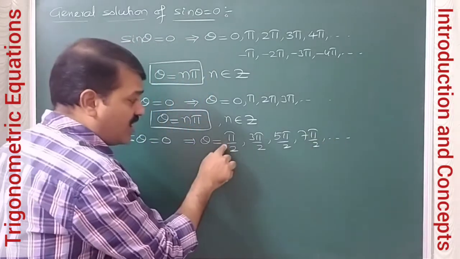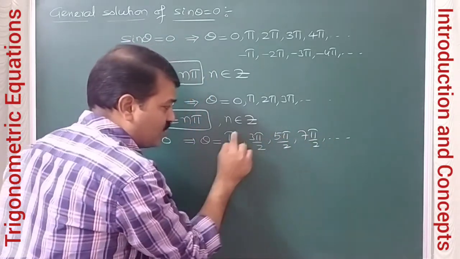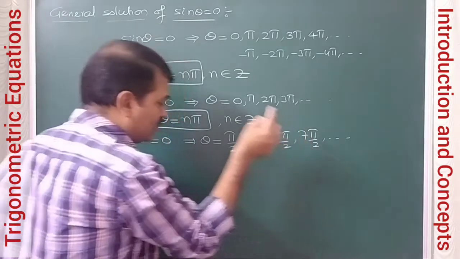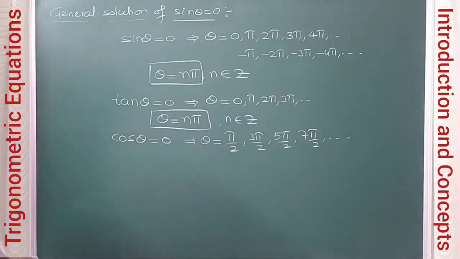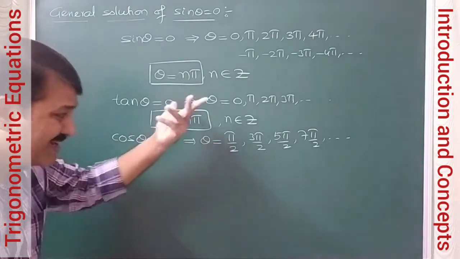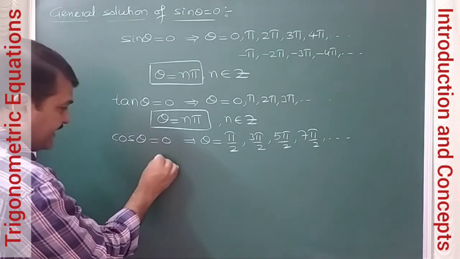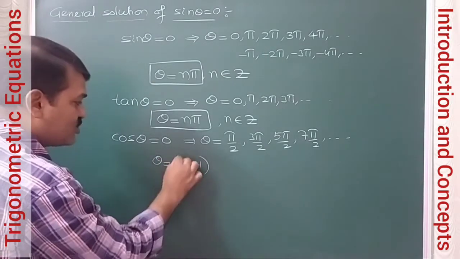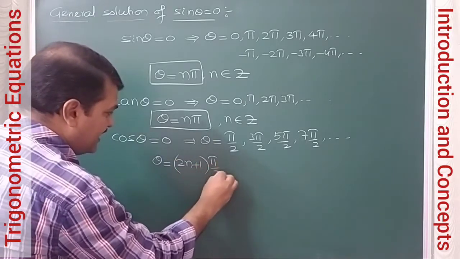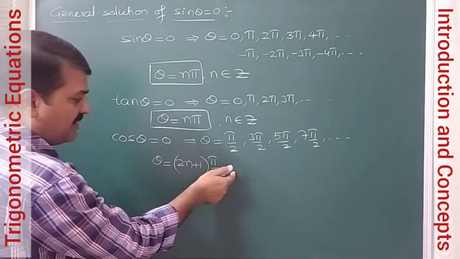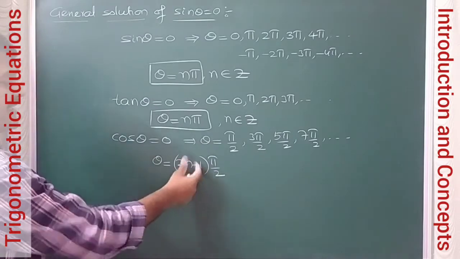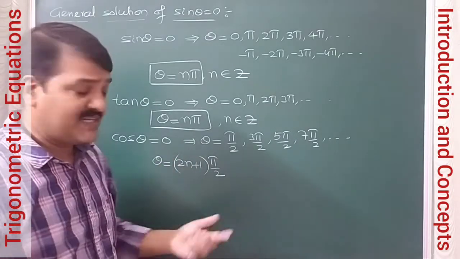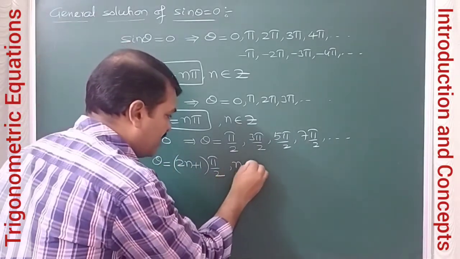For all odd multiples of pi by 2, odd number into pi by 2, cos theta will be 0. How can we write this in general form? Theta must be an odd multiple, meaning 2n plus 1 into pi by 2, some odd number into pi by 2. We know that an odd number can be represented with 2n plus 1, where n belongs to Z.